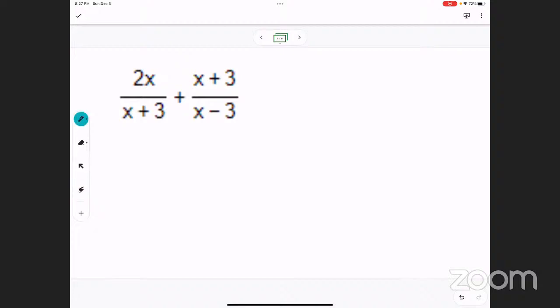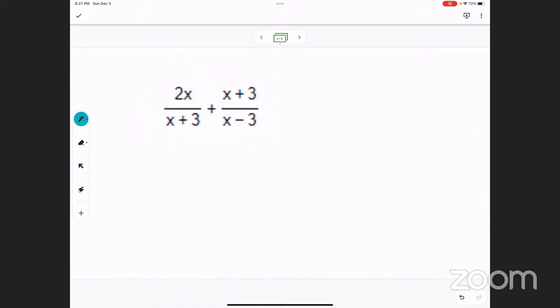All right. So this is a simplify problem, right? Yeah. So what you're going to have to do is multiply the top and bottom by the thing that it's lacking. So that one's lacking in x plus 3, and this one's lacking in x minus 3. So then I have 2x times x minus 3 plus x plus 3 times x minus 3 all over x plus 3 times x minus 3.